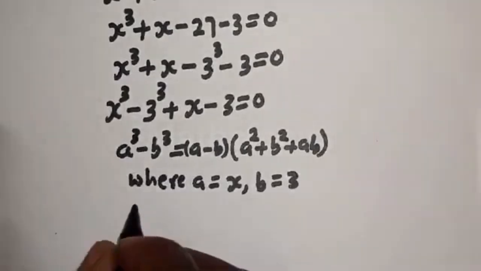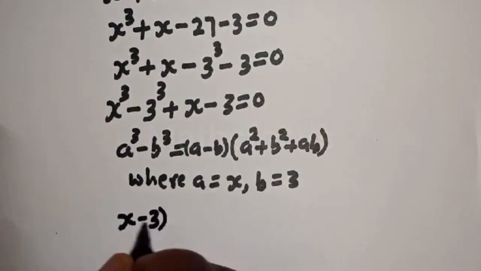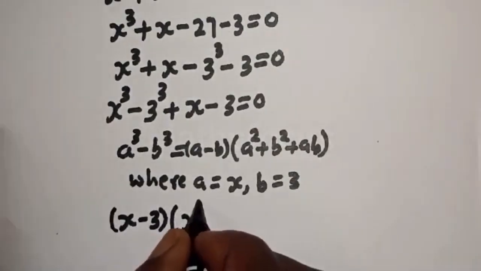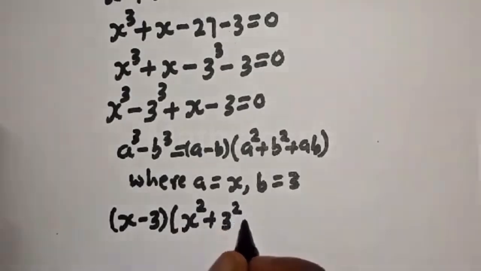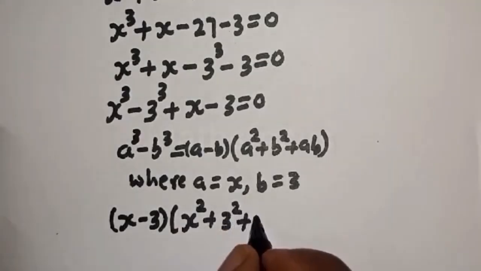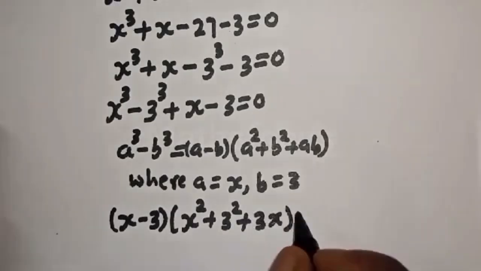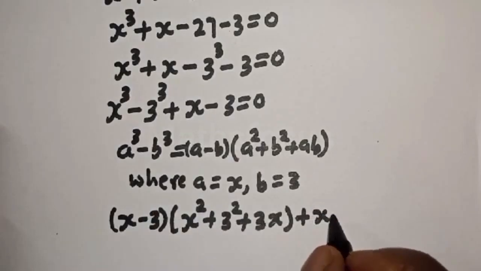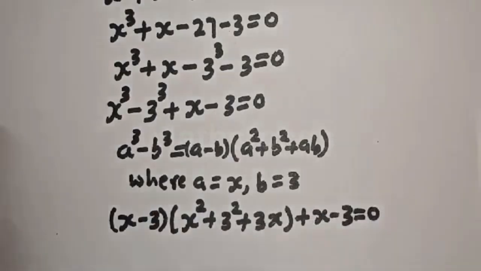Then this is s minus 3 bracket s square plus 3 square plus 3s, then plus this s minus 3 is equal to 0.